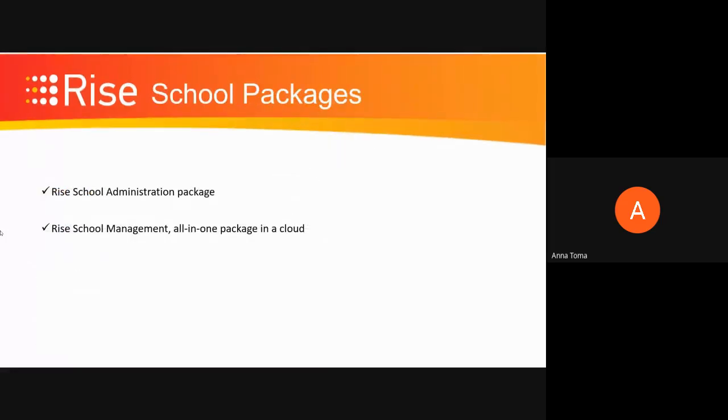So currently we have 3 options. So it's the communication package, the all-in-one, and the administration package. And you're also welcome to visit our website to see all the details, what modules are included, and the structure. And as mentioned, the system is as good as the support and training.